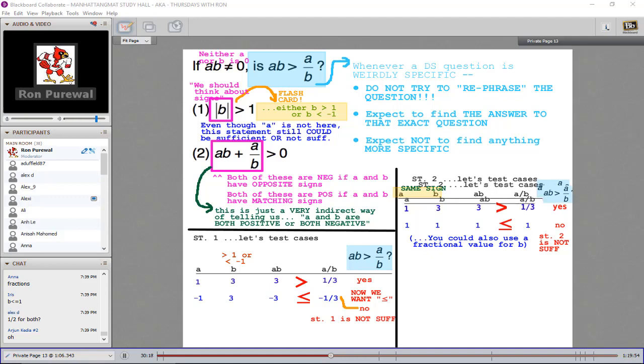So let's combine the statements. You can still use that case of 1, 3, 3. I mean, that's still going to work.